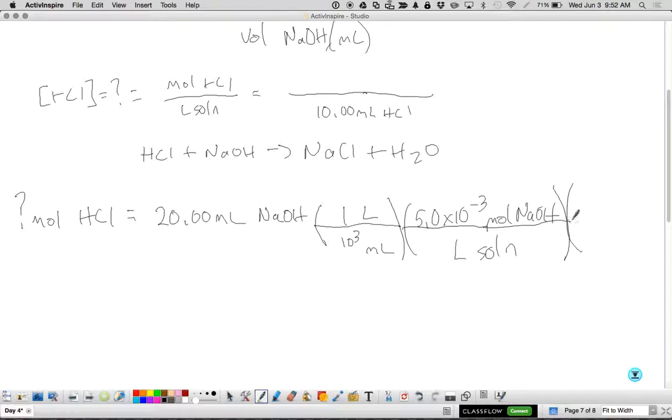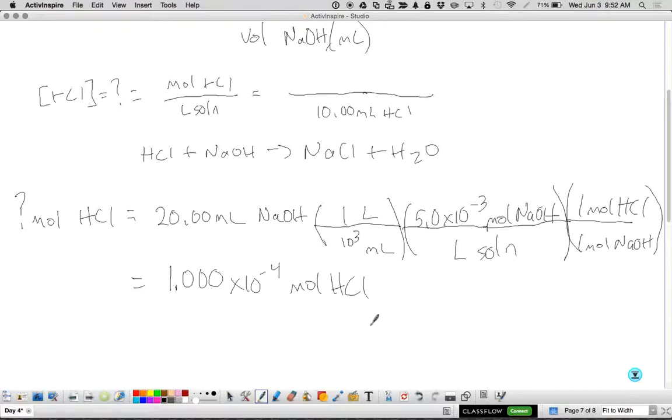Okay, and then I'm just going to take my moles of NaOH to moles of HCl. So 1 mole NaOH to 1 mole HCl. And this is just molar ratio, which I got from the balanced chemical equation. So this is 1.000 times 10 to the minus 4 moles HCl.